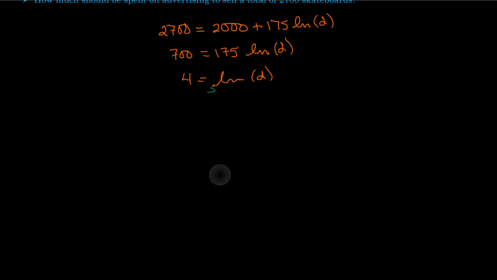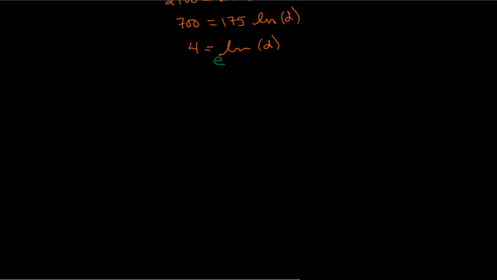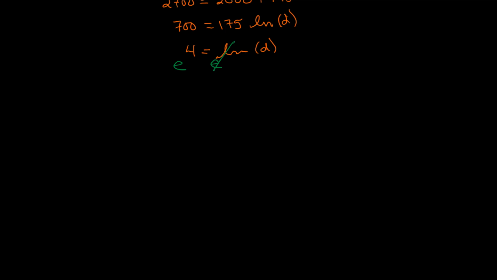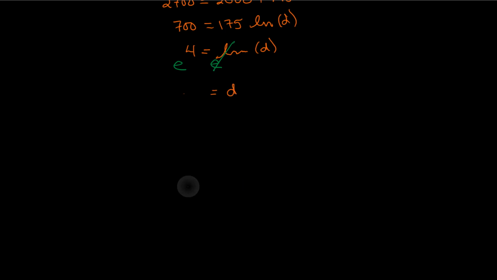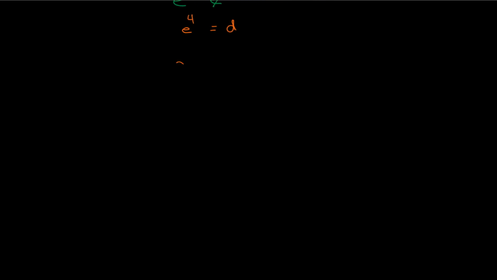Well, the inverse is e. The e and the natural log will cancel, which is going to give me d equals e raised to the 4th. So on my calculator, if I do e to the 4th, this gives us d is equal to 54.598.